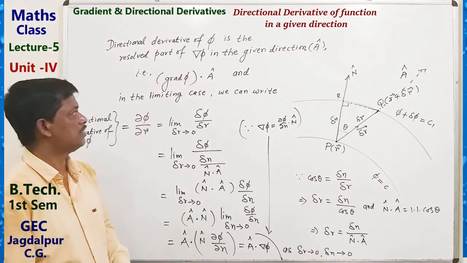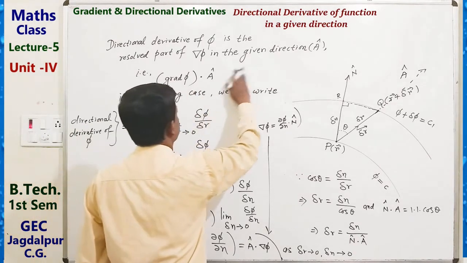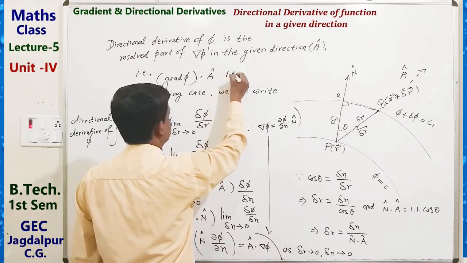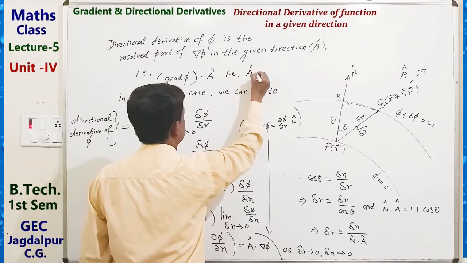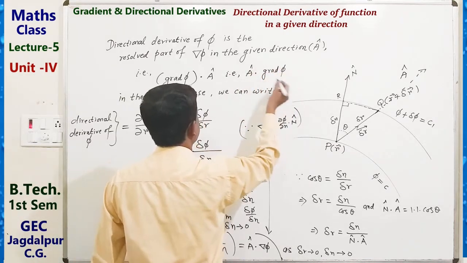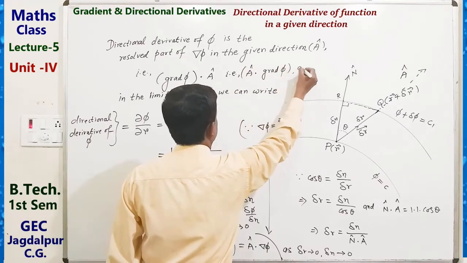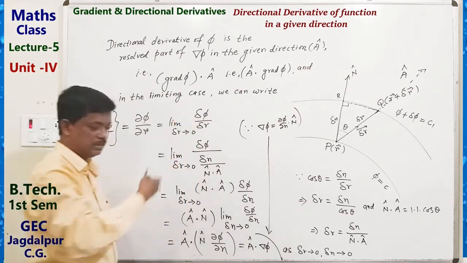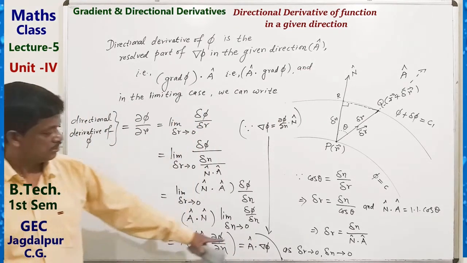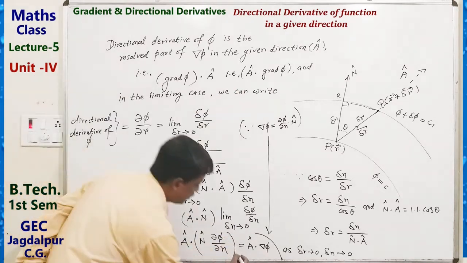Commutative, so you can also write a cap dot grad phi. Okay, so this is the derivation: del phi by del r equals a cap dot del phi. Del phi can also be written as grad phi.